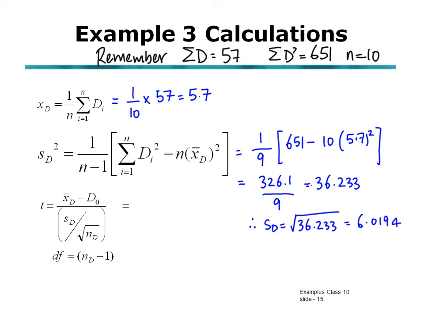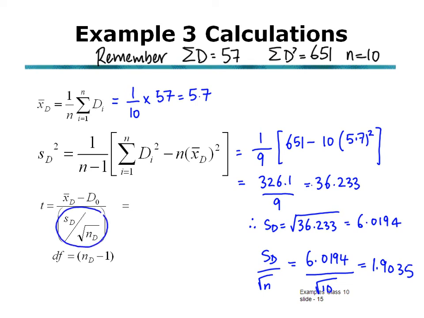And to find the standard error measure, we take the standard deviation divided by the square root of the sample size, SD divided by the square root of the number of differences. That's 6.0194 divided by the square root of 10. And that calculation comes out at 1.9035. That standard error measure goes into the formula for the test statistic.